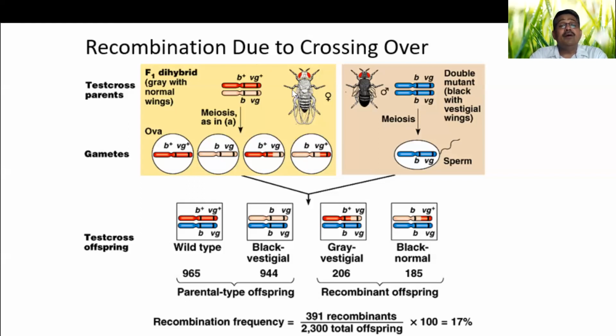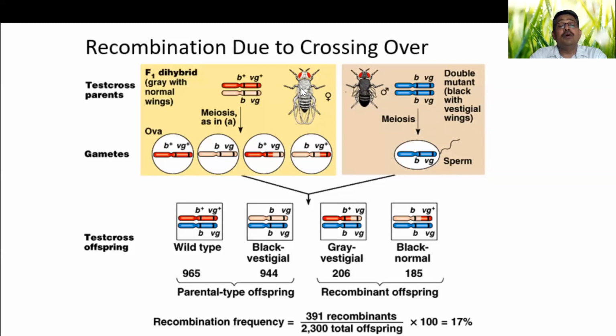For example, take a dihybrid fruit fly, in this case with two traits, B and VG. VG is the vestigial wing, and B is the black color of the fly. The double recessive mutant is a black fly with vestigial wings, meaning no wings at all. This is the recessive type.